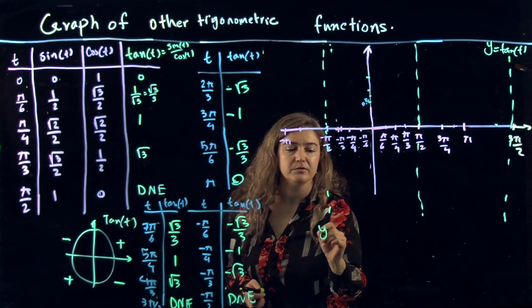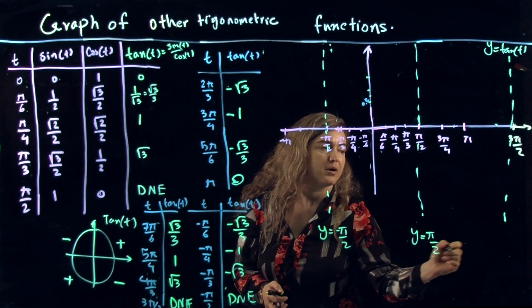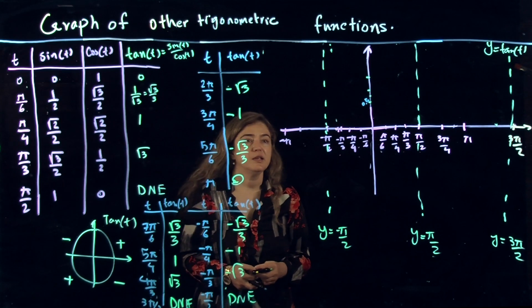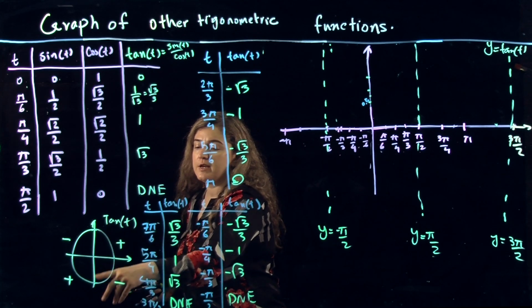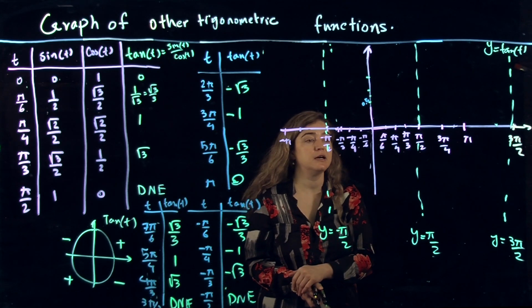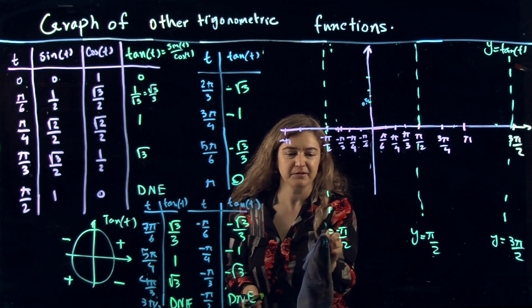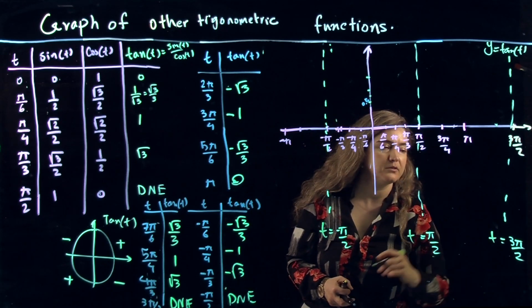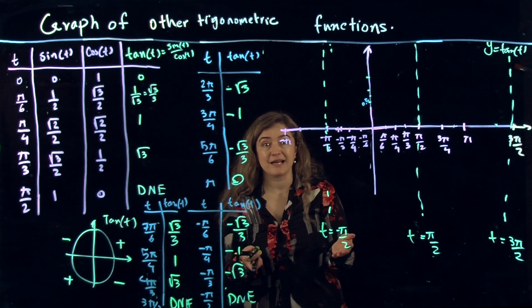So this one is t equal to negative pi half, t equal to pi half. I can find all these equivalent places either over here or over here, where for all those t's, at t equal to, t equal to, t equal to, the tangent doesn't exist. Those are the vertical asymptotes.